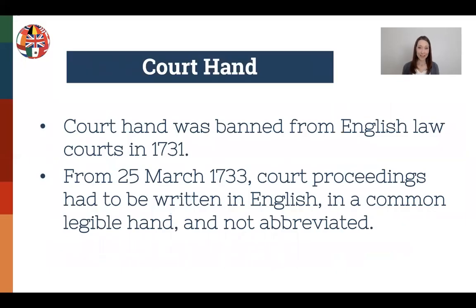So the court hand was banned from English law courts in 1731. So from the 25th of March, 1733, court proceedings had to be written in English, not Latin, and in a common legible hand and not abbreviated. Hallelujah. So if you come across documents that are 1733 or more recent, you will see them in English, which is much, much easier for us to read.